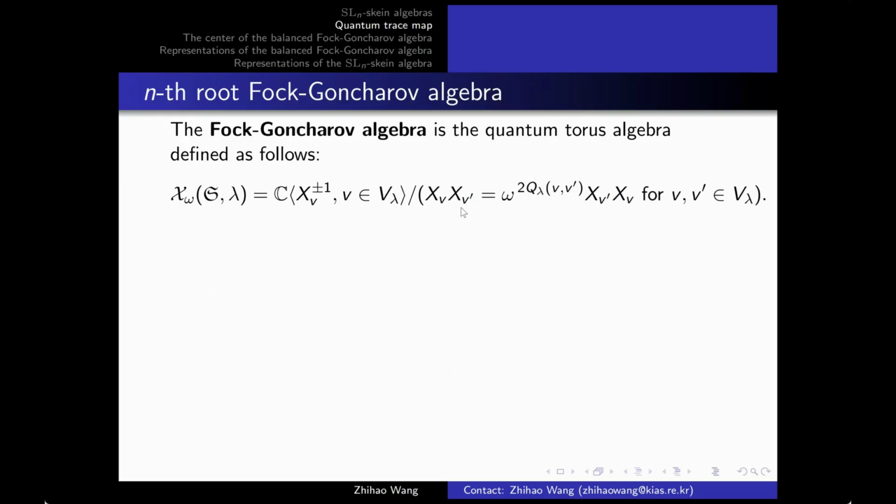They are q-commutative, of course, now using omega. The q-commutation data, or omega-commutation data, is determined by this anti-symmetric matrix. This is why we need the anti-symmetric matrix. Actually, this definition is a general definition for the quantum torus associated to an anti-symmetric matrix.